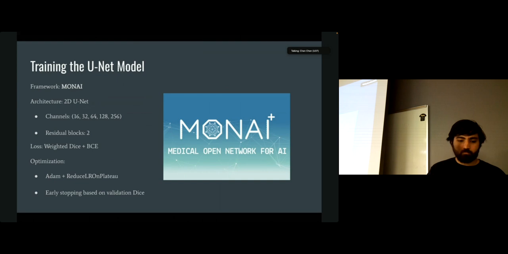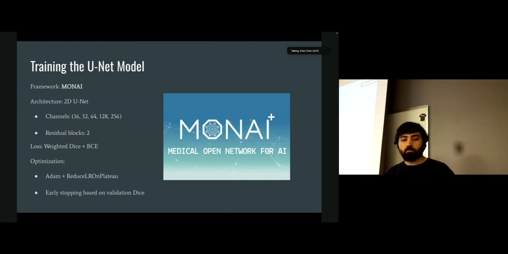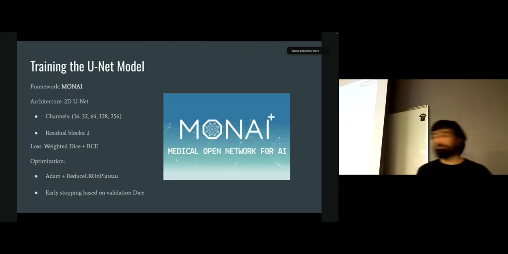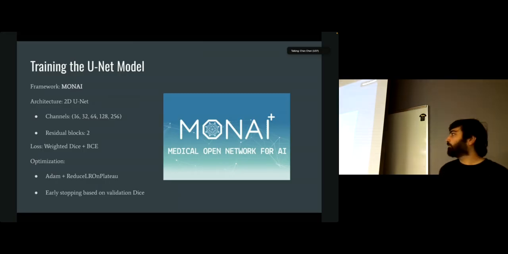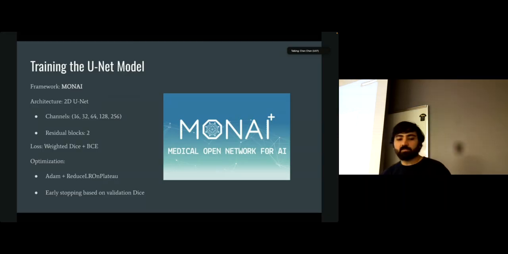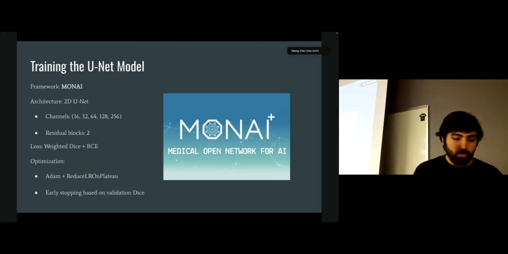But for this case, I actually figured it out, and I use a special weighted loss function which uses the dice loss and also the binary cross entropy loss. But in the binary cross entropy part, I calculate the weightage of the background and foreground, and I make sure that the class imbalance doesn't affect the convergence of the model.